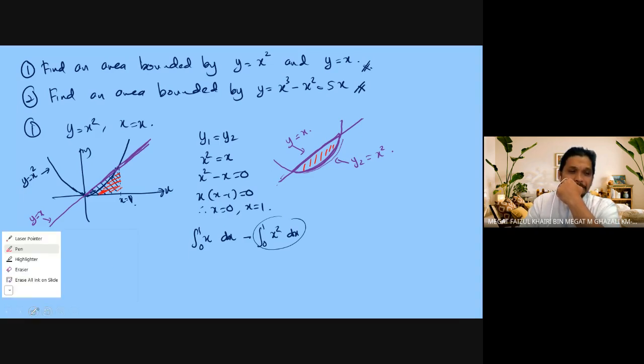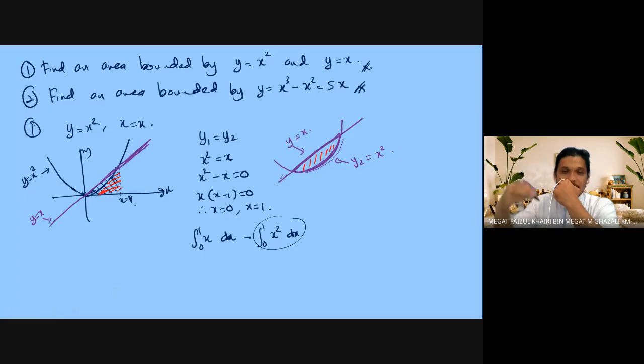So again, from this picture, we can determine which function is above the other function. So then, integrate this, it gives you x squared over 2 from 0 until 1 minus x cubed divided by 3 from 0 until 1.